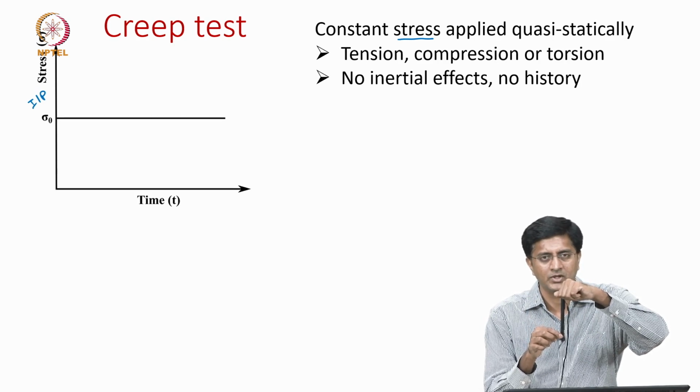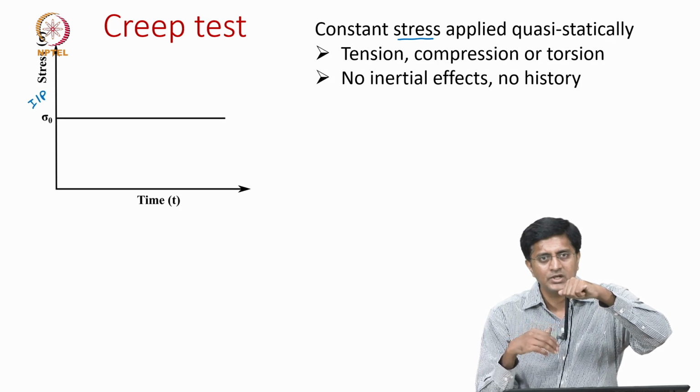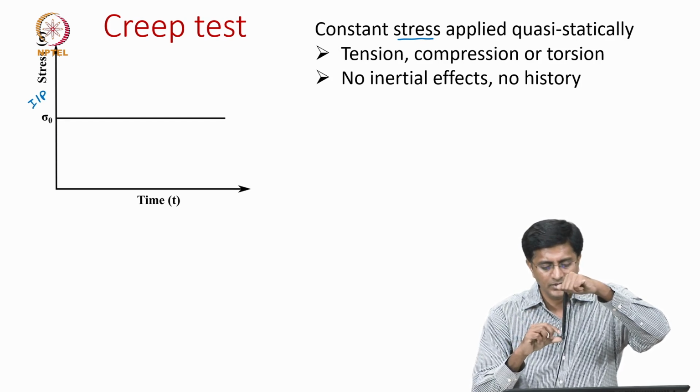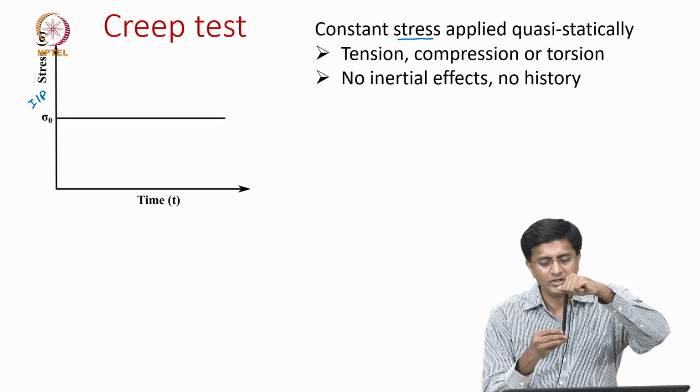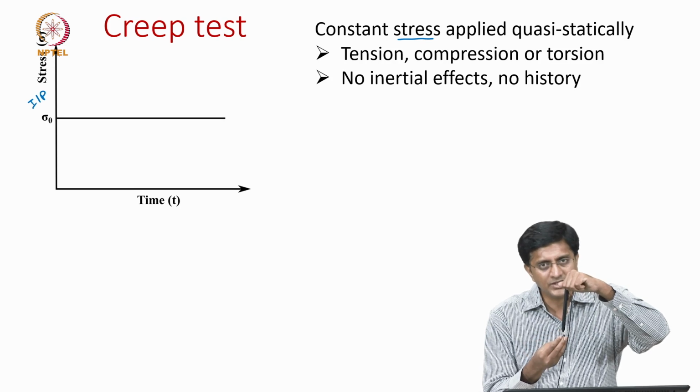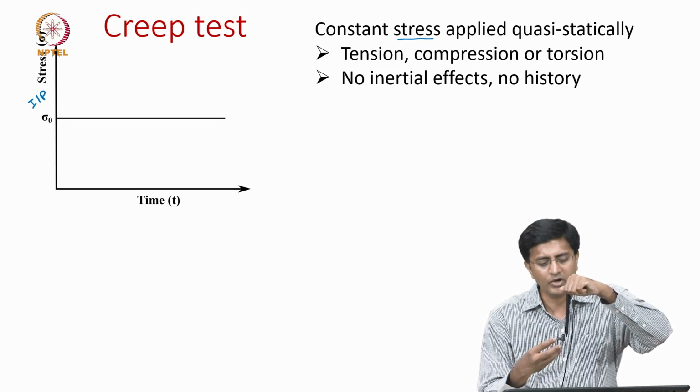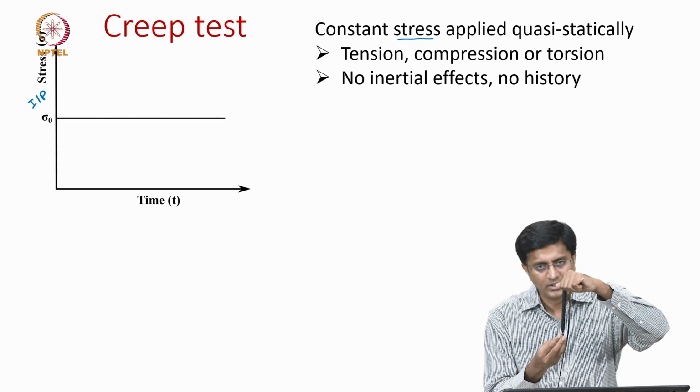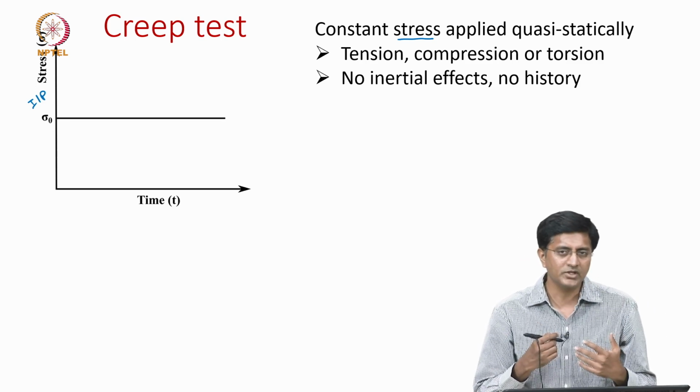constant. The only difference is, if we give more time, initially when we apply the load there is some instantaneous strain, or the initial strain, that is the deflection coming from the specimen, but if you give more and more time the specimen elongates. So, this elongation is nothing but the creep behavior.